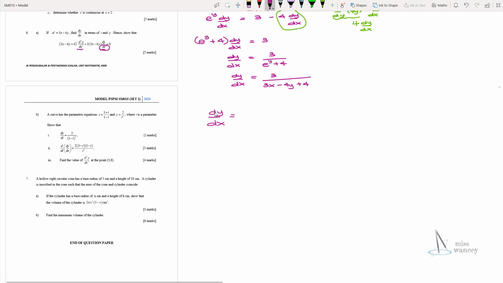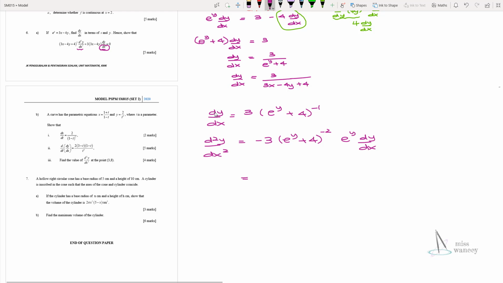Saya ambil yang sebelum tu lah. 3 times e^y plus 4 to the power of negative 1. Okay, so this is d2y over dx square equal to, so bring the power down, so we got negative 3 e^y plus 4 to the power of negative 2. Differentiating e^y plus 4, so it will become e^y dy over dx.